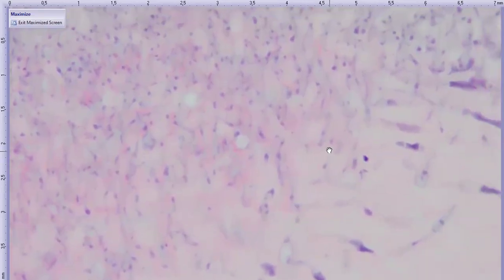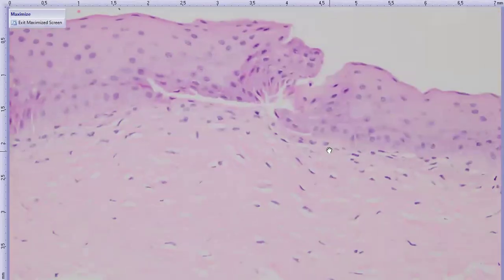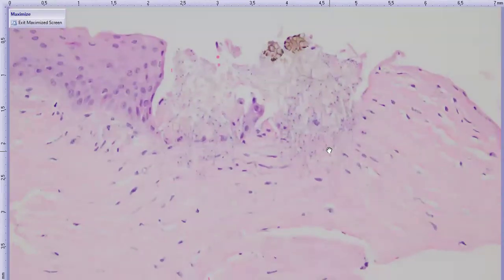There was various right angle and acute angle branching going on. Surprisingly, not a whole lot of inflammation associated with this fungal infiltrate.